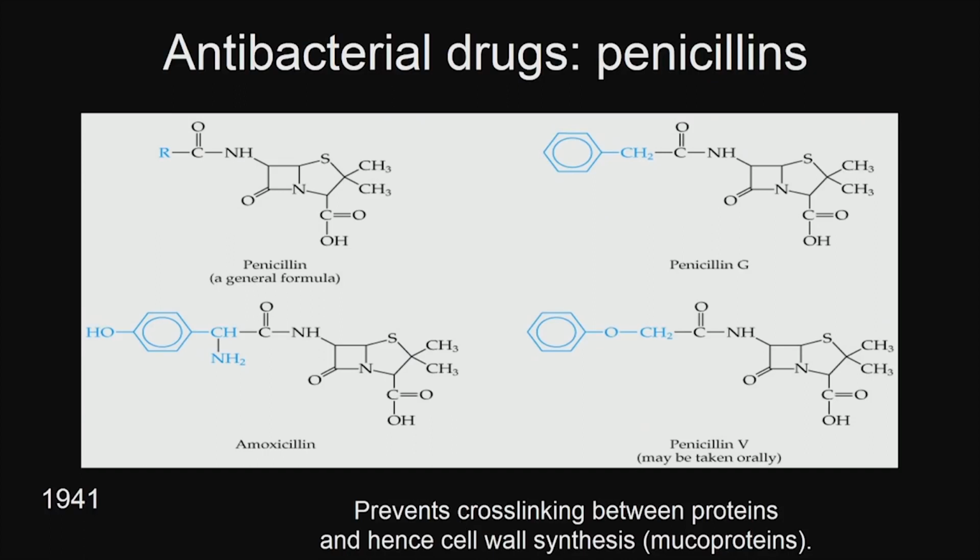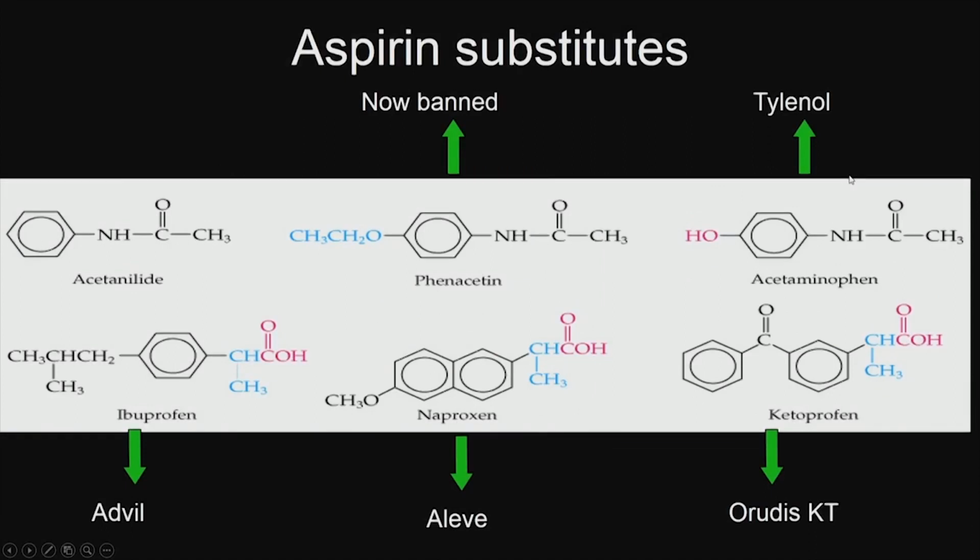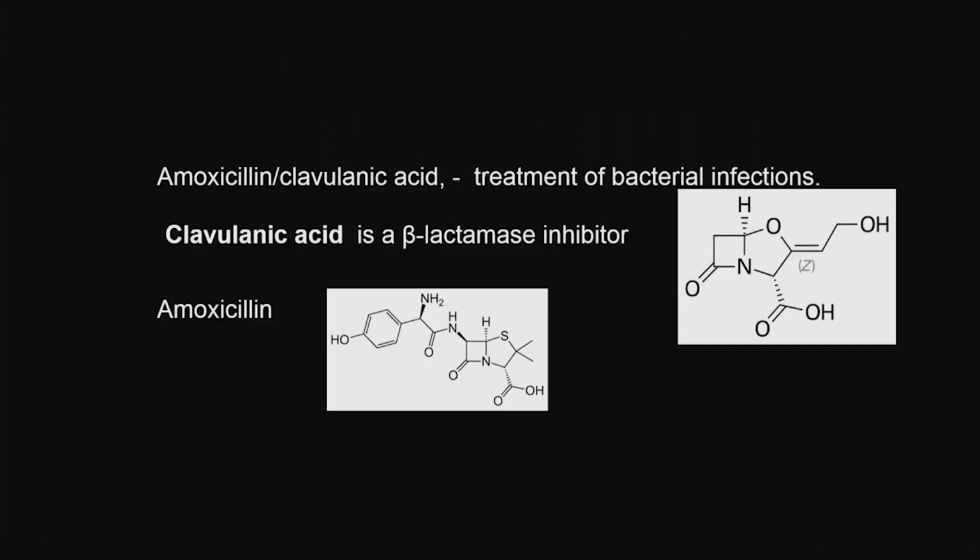So, the bacteria cell does not grow because they prevent the cross linking of various proteins that are involved in the cell wall development. So, look at this combination of amoxicillin and clavulanic acid. They are used for treatment of bacterial infection. What happens is these bacteria became very smart and they started producing something called a beta lactamase enzyme.